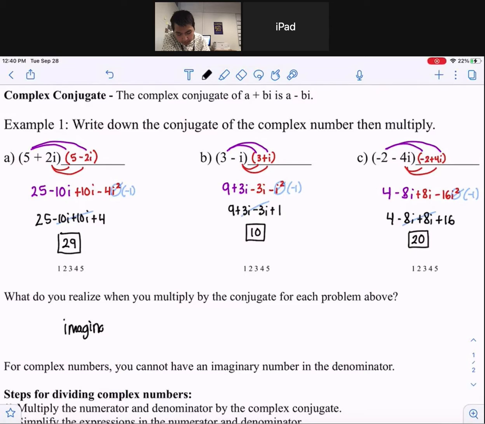Imaginary numbers cancel, and you get a real number. This happens all the time when you multiply a complex number by its conjugate.